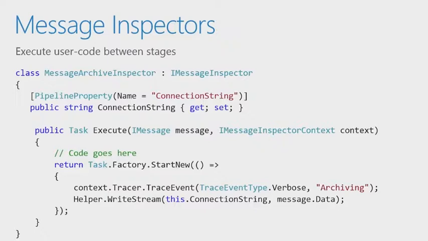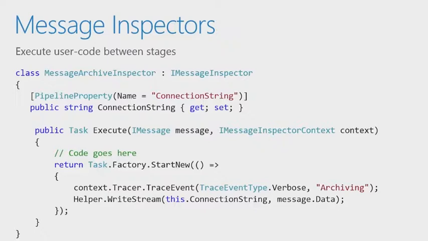Okay. So message inspector, I said, is where you can execute your code between stages in a pipeline. Writing a message inspector is very easy. All you need to do is implement a class, whatever class you want, and implement an interface called IMessageInspector.